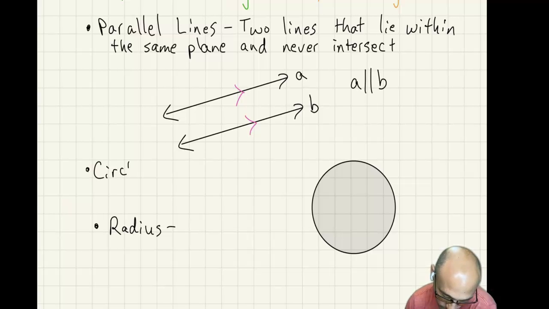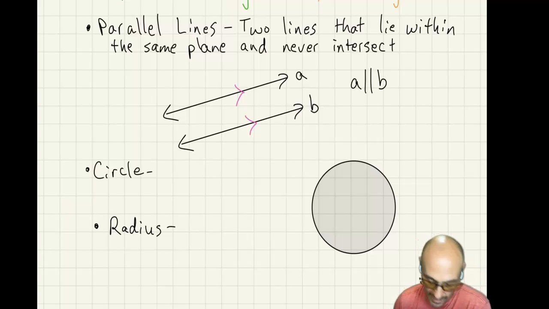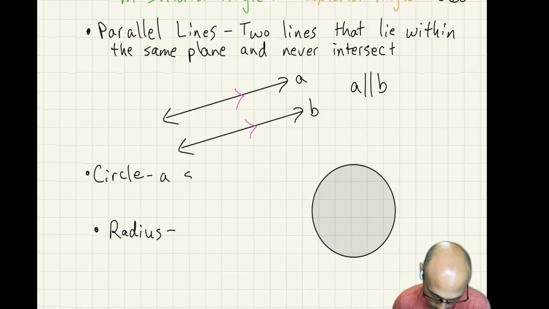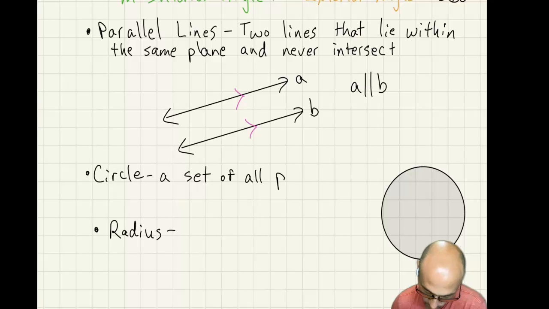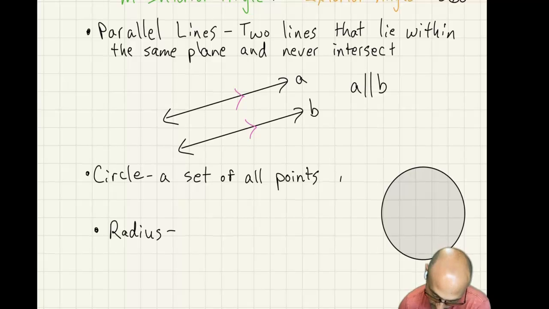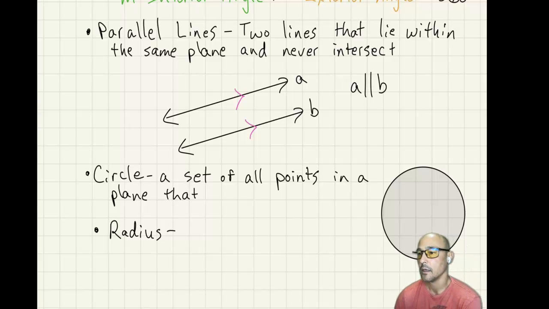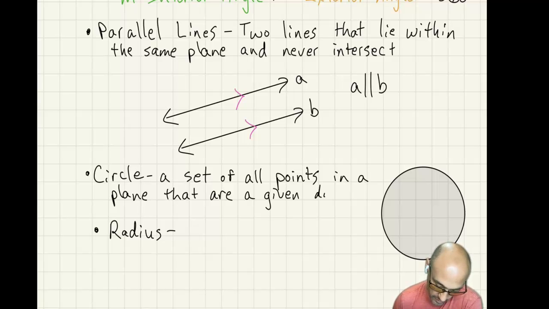So a circle is a set of all points in a plane that are a given distance or the same distance from a point, the center.